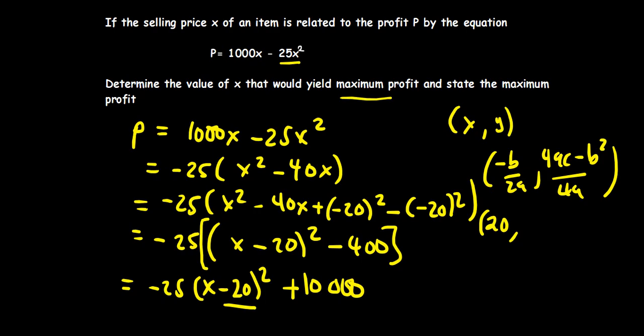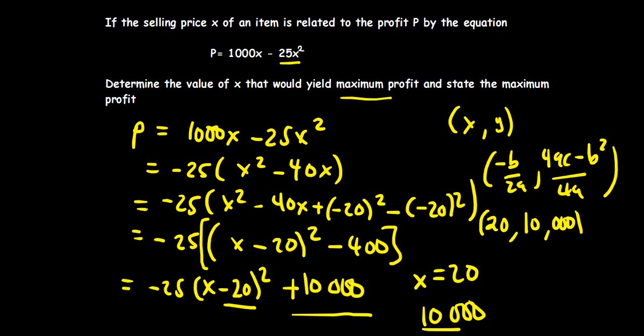Then this part here is just 10,000. So this implies that at x equal to 20, the maximum profit is going to be 10,000. So that's how you apply quadratic functions in this question.